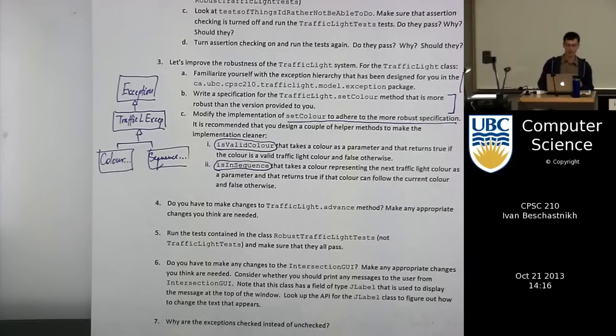Since my helper method is supposed to help me implement this effects clause, I'm going to throw an exception, right? Throw new color exception. And I have to give it a color, so I'll just give it this color. And I have to import it.